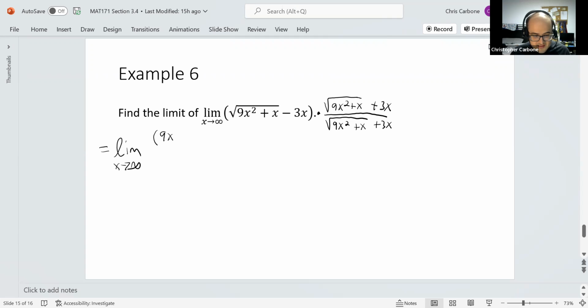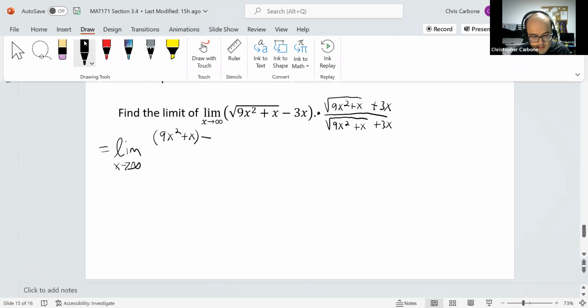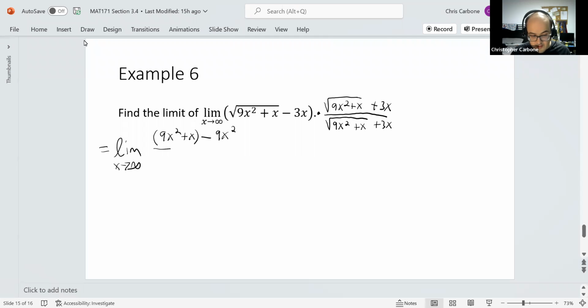This is 9x squared plus x minus 3x, minus 3x squared, so minus 9x squared, divided by the square root of 9x squared plus x plus 3x.